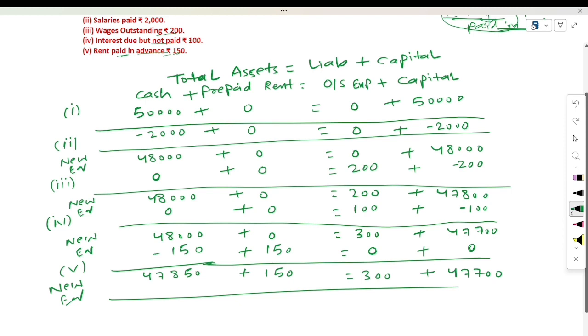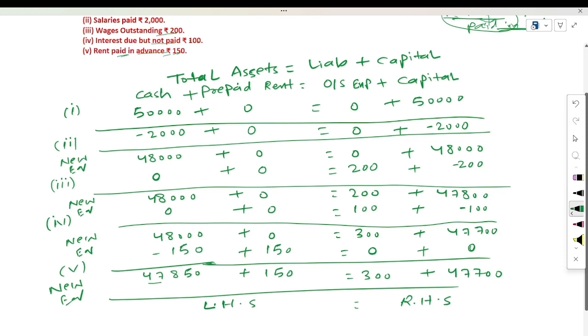There is no other transaction, so this will be your final answer. And at last you have to check whether this equation is correct or not. For checking, you have to equate the LHS with the RHS. If your LHS is equal to RHS, it means your equation is correct.